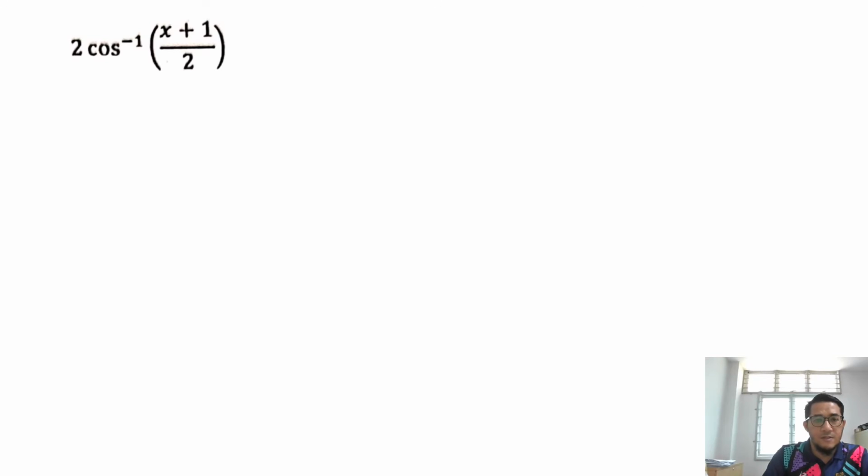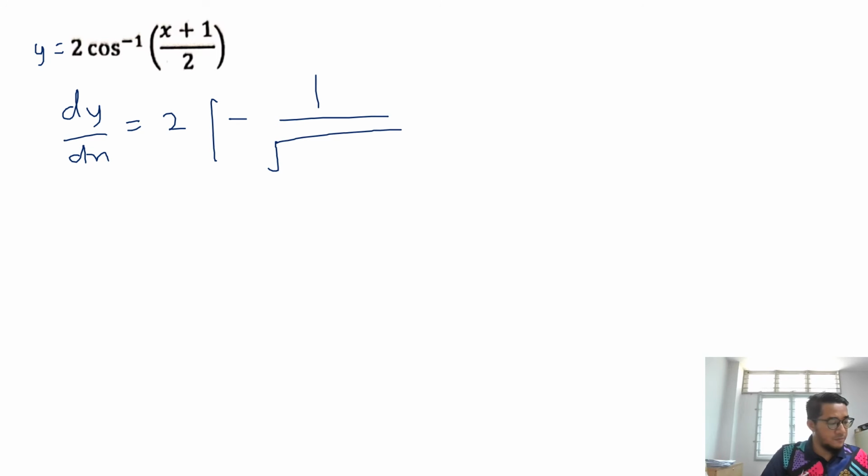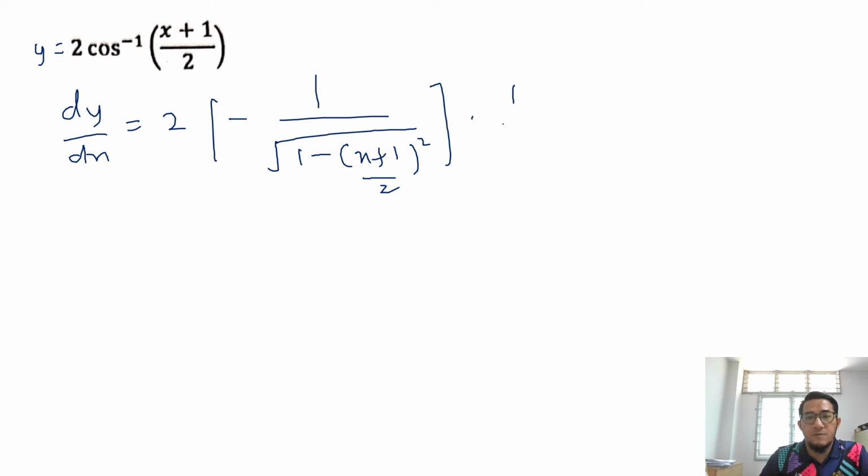If you differentiate, dy/dx equals 2 brought forward, then differentiate cosine to get negative 1 over square root of 1 minus (x plus 1 over 2) squared. Then differentiate x plus 1 over 2, and you get 1 over 2.